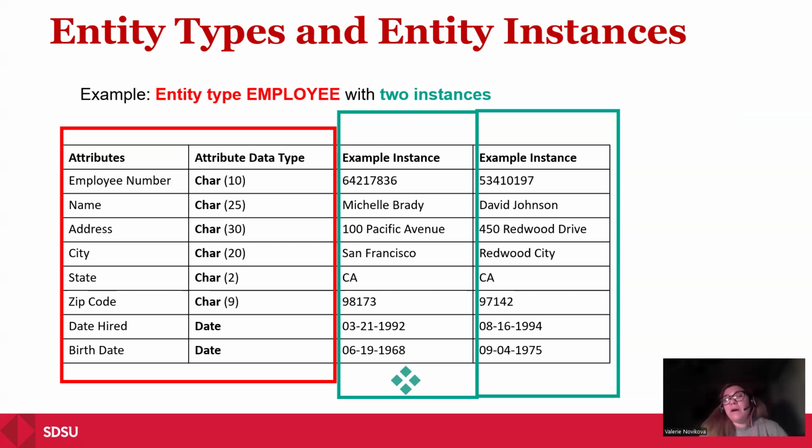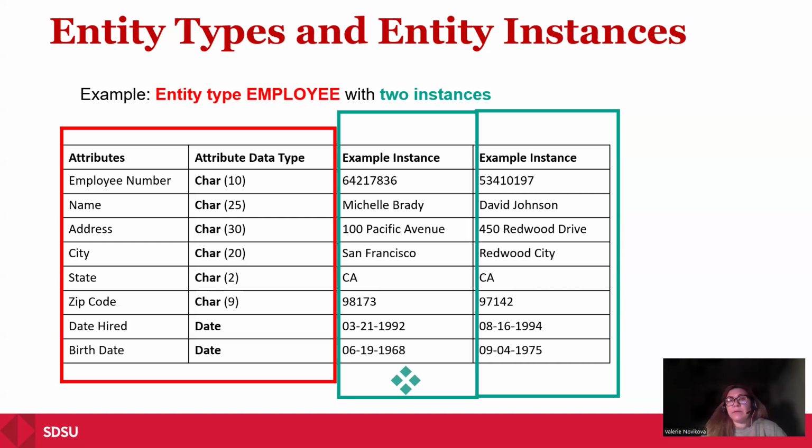All of them have different data types. We're going to talk about data types in more detail later on, but for now, think about character. It's a string field, so it's just a list of characters that build words together, and date is a date.